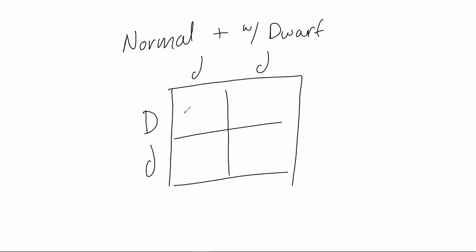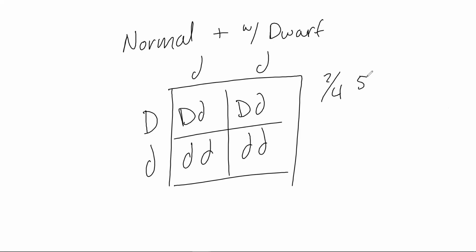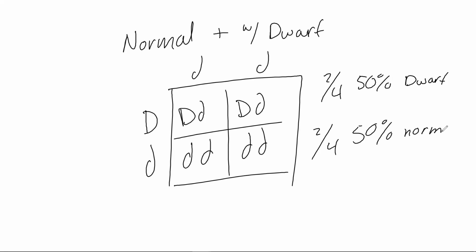So let's fill this in. I have 2 out of 4, or 50%, with dwarfism, and 2 out of 4, or 50%, who are normal. All right, that's it for this part.